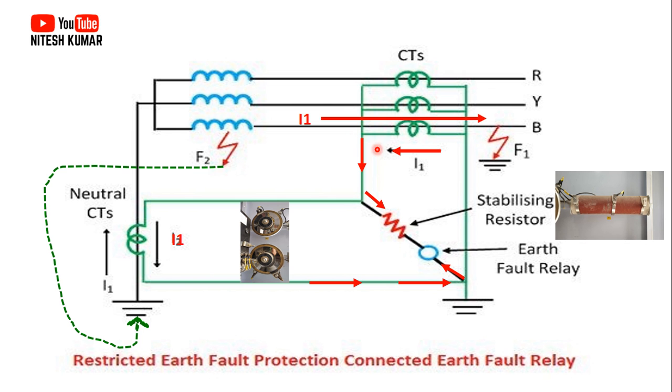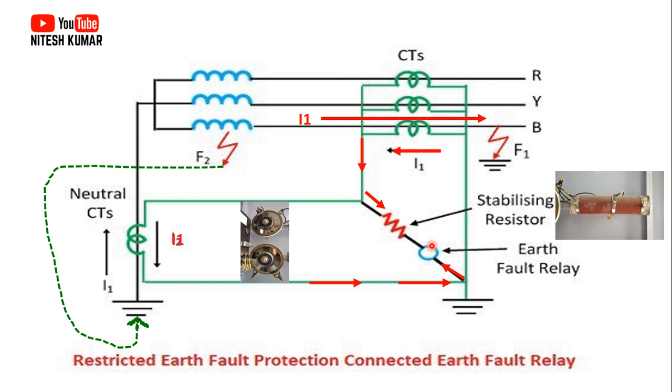So this phase CT secondary current will be like this, and this neutral CT current will be like this. These two currents will cancel each other, and the difference of these two currents flowing in the coil of the REF relay will be zero. In such a way, this relay will not operate.